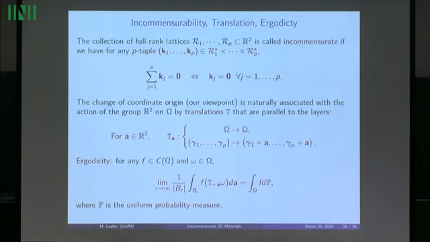We also have an ergodic theorem for the p-layer system. We start with some configuration and look at all possible viewpoints as we move around in a ball of radius r. It's the same as sampling f over the whole. So there's an ergodicity here as well.